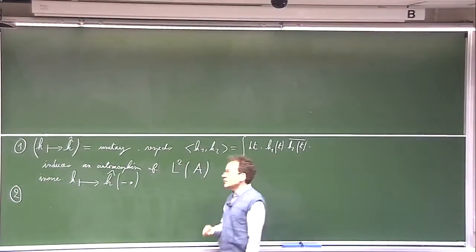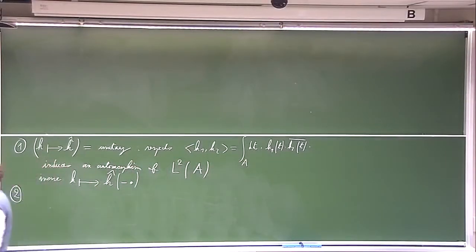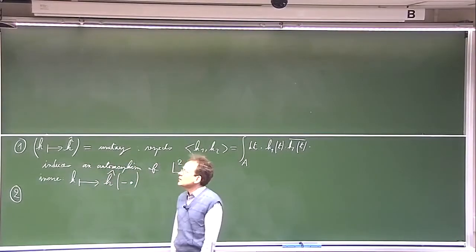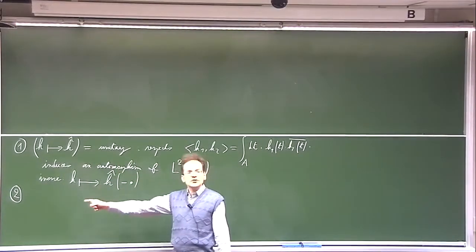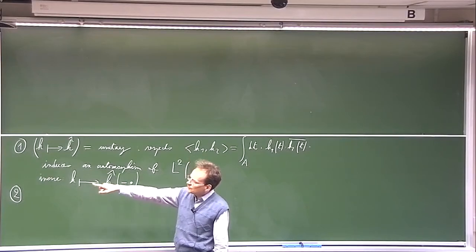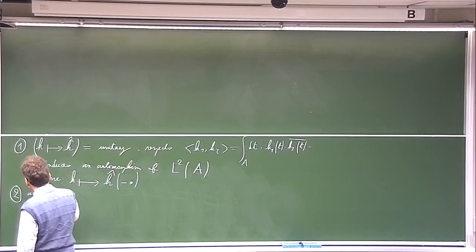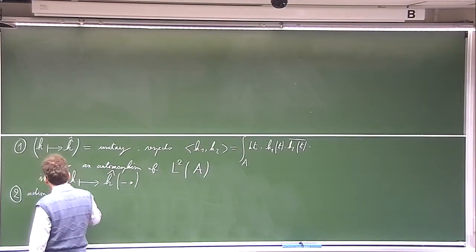So the second type of property is the following. This is what happens when you consider the multiplicative structure of the field or ring A. So this is the action of multiplication.